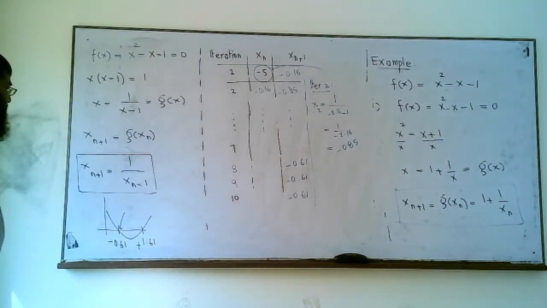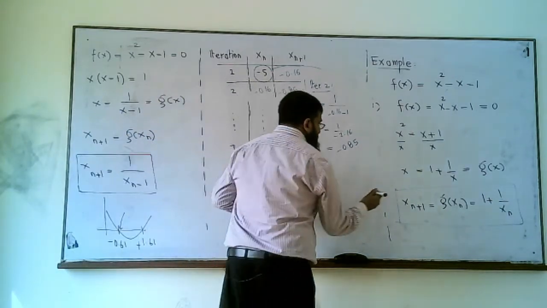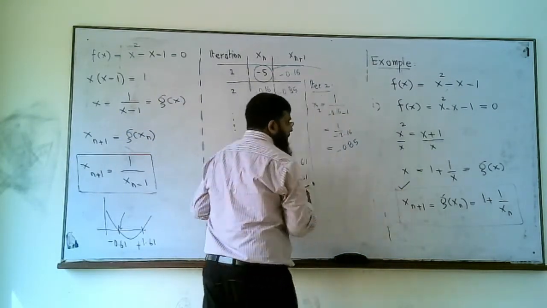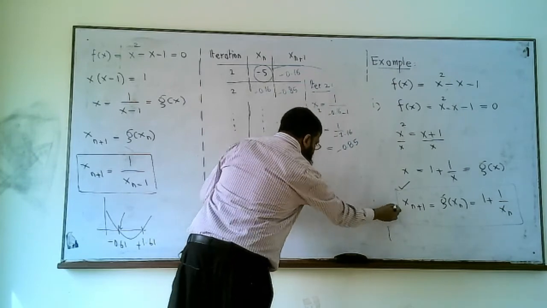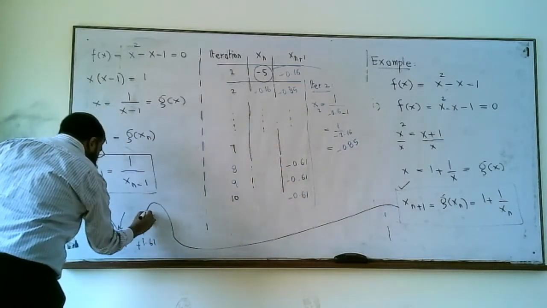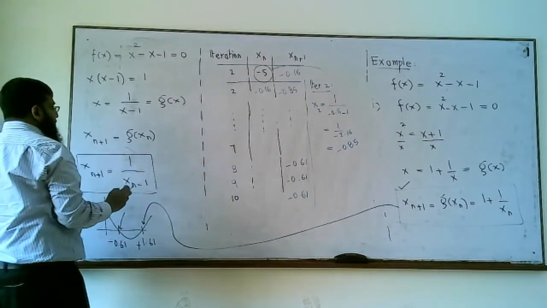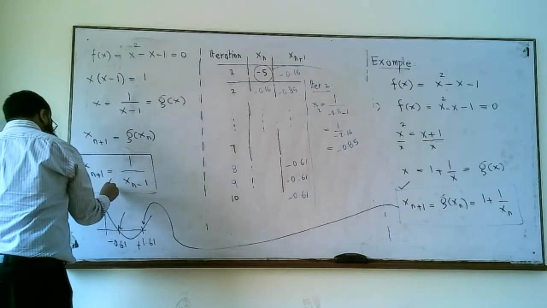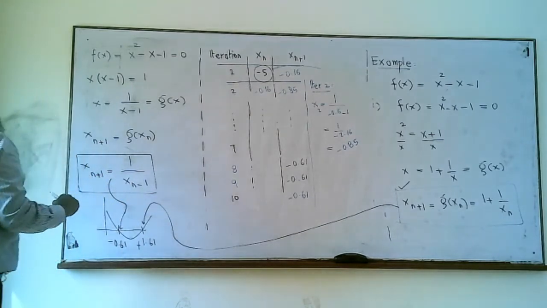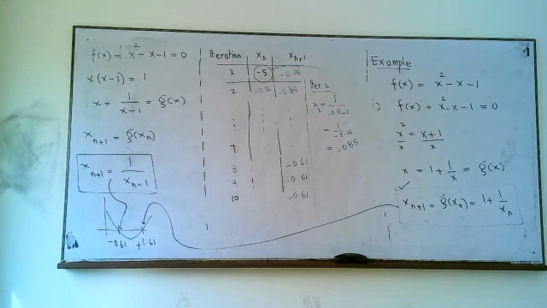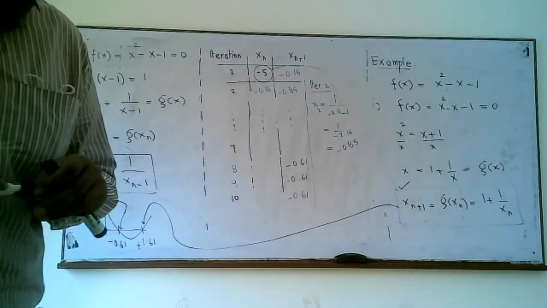It's your choice. This expression, when worked with iteratively, converges to this root, and the other expression converges to that root. So now we have reached both roots, right?